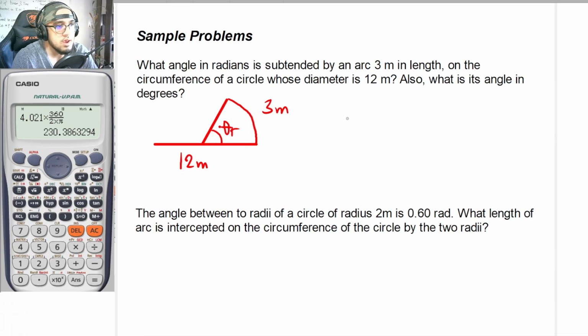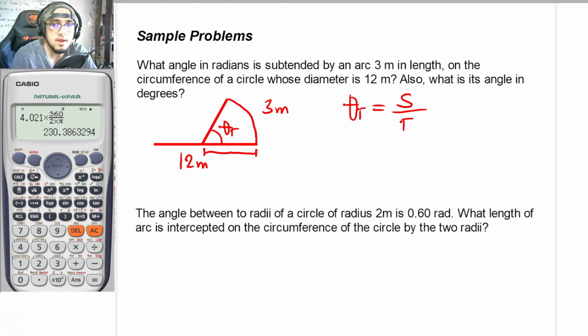So basic. And as you can remember, theta r is to be equal to the arc subtended divided by the radius. In here, we already have the arc subtended. And as for the radius, it is basically half the diameter. So we can say that our radius is now to be equal to 6 meters, half of 12.